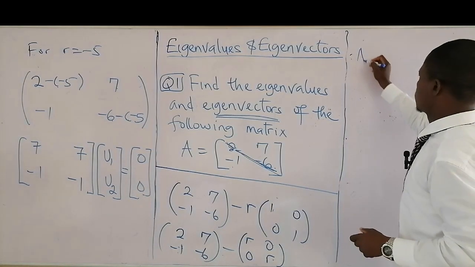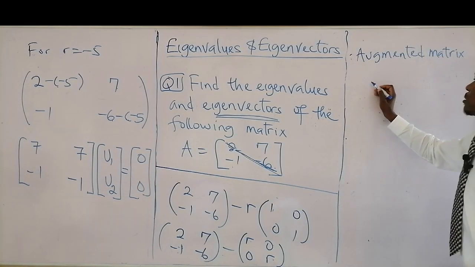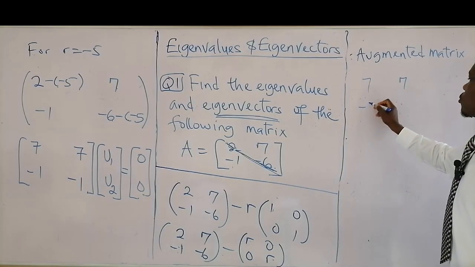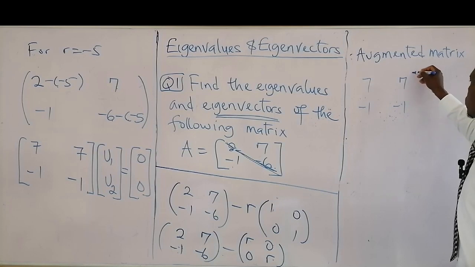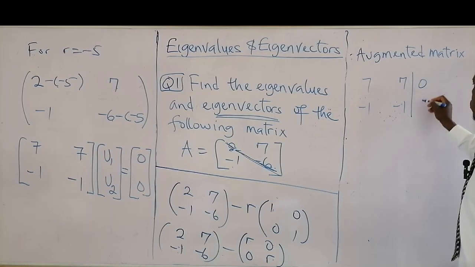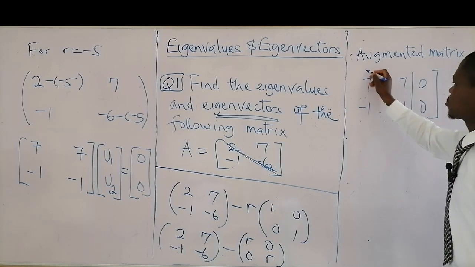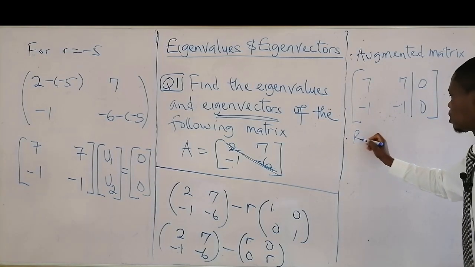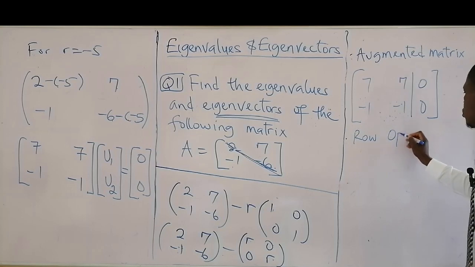So the augmented matrix will be 7, minus 1, slash 0, 0. That's the augmented matrix. Then the next thing to do is a row operation. Do your row operation.